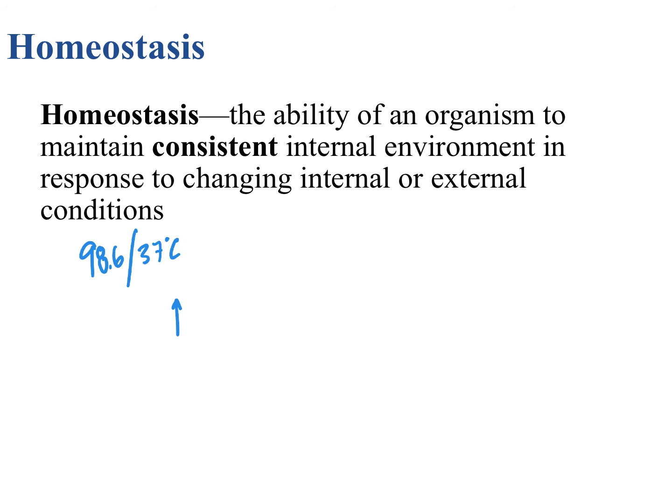That first thing that recognizes the change is a receptor. That's the first part of the homeostatic mechanism. It recognizes the change, or what we call a stimulus. The stimulus in terms of body heat is an increase or decrease, a change from normal.